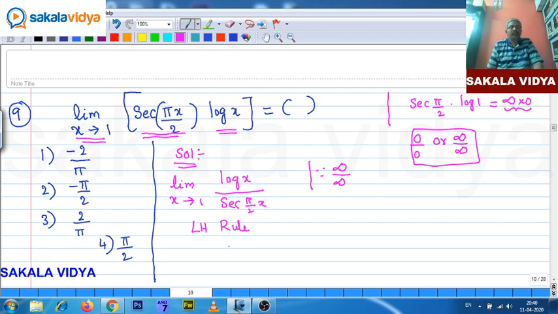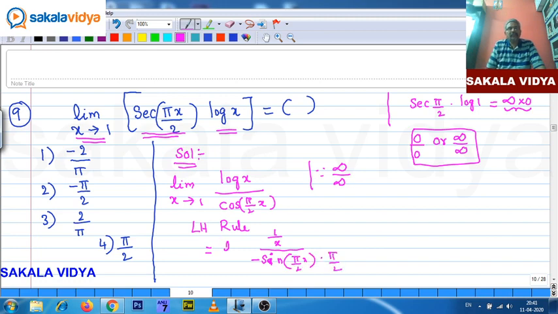If you apply the LH rule, derivative of log x is 1 by x. Numerator derivative, secant pi by 2 x derivative is secant, sorry, this is cos, I did a mistake. Cos derivative is minus sin pi by 2 x into pi by 2 x derivative, which is pi by 2.